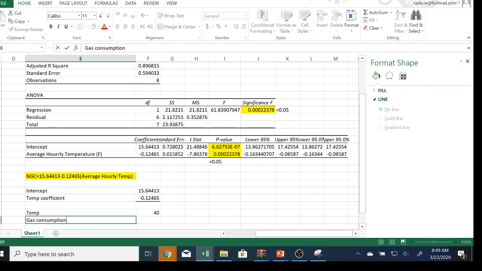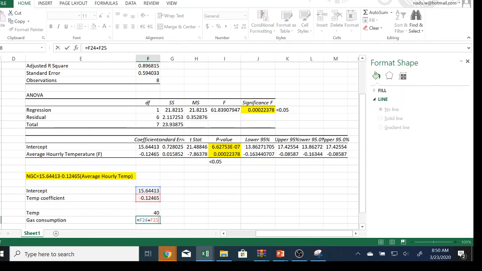So how can I predict it? Now I have the equation with me. The gas consumption when the temperature is 40 is 15 minus, looking at the formula for this particular regression model, minus... so we will put it as plus.